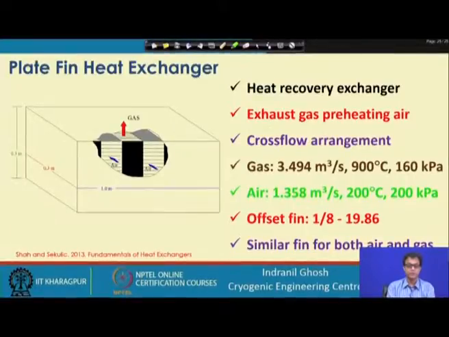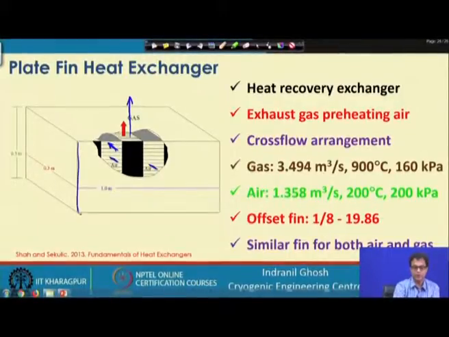Along with that, the heat exchanger height, width and length have already been told. Now if we look at this geometry, this is the gas flow area. This is how the gas is flowing on this side, and the air is flowing on this side. So what is the frontal area for the air?